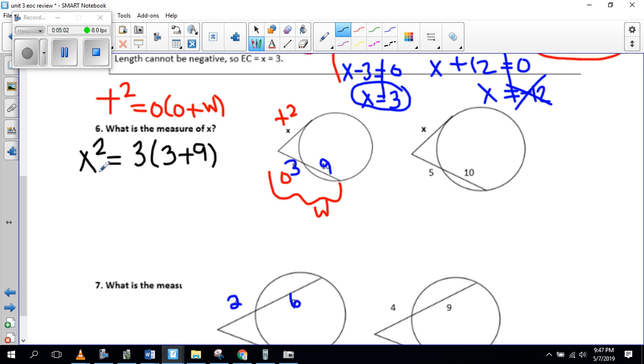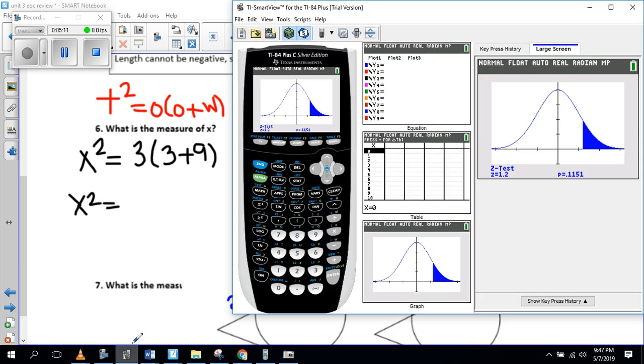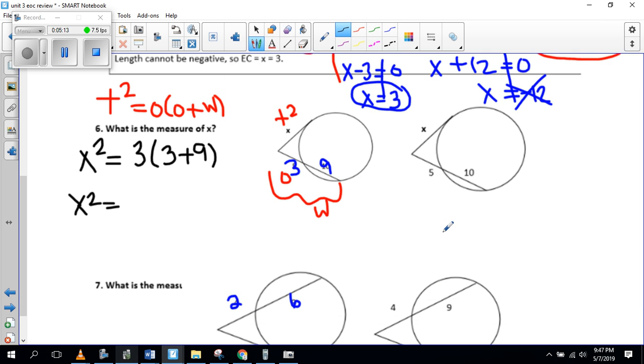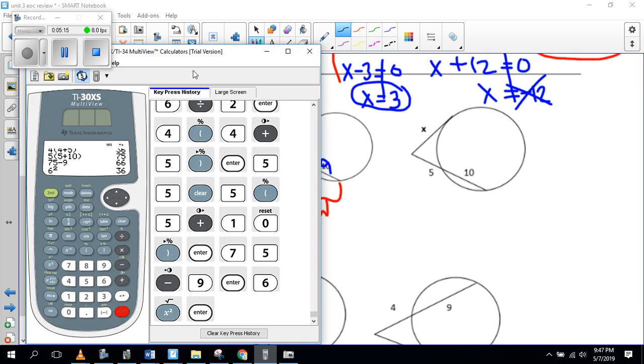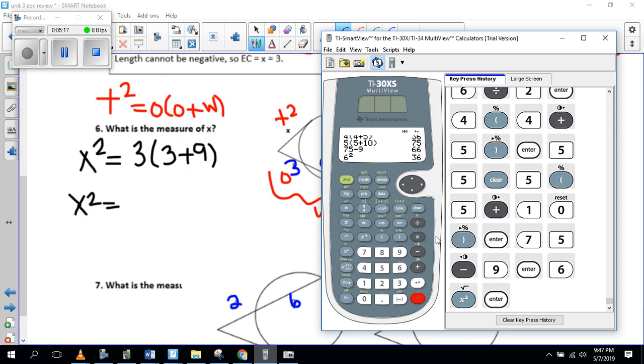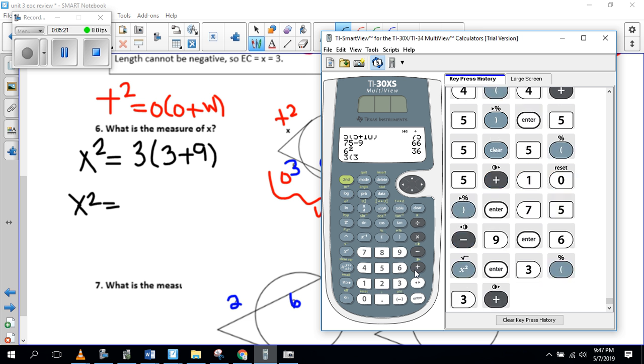So we can't do much with X squared right now, so we're just going to leave it X squared equals, and then we're going to plug this into our calculator. We have 3 parentheses 3 plus 9, and let's see what we get.